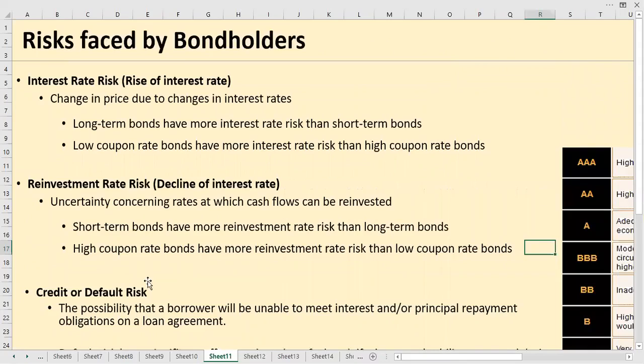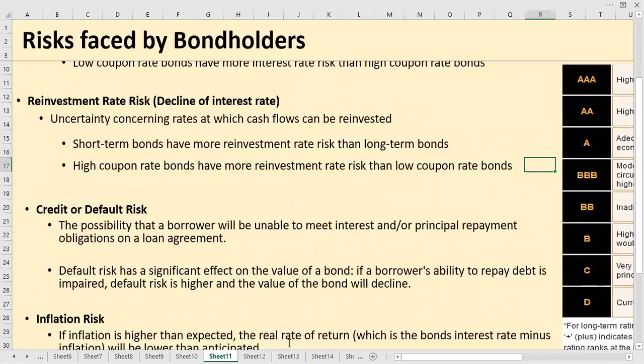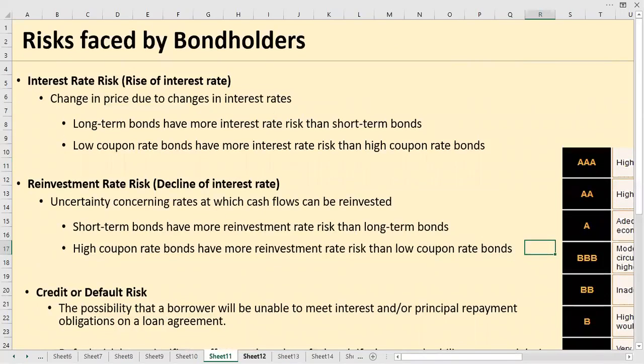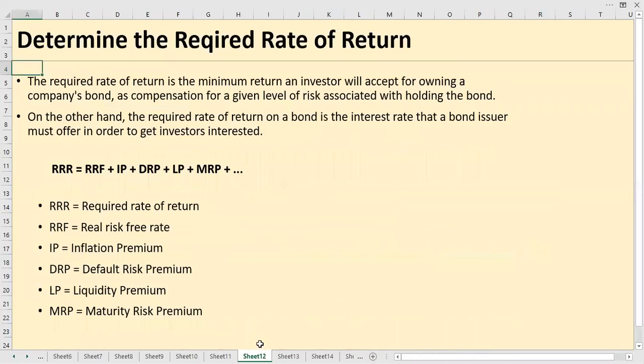So now we have discussed these risks: interest rate risk, reinvestment risk, credit risk, and inflation risk. Now I am going to explain how you calculate the required rate of return using these types of risks.